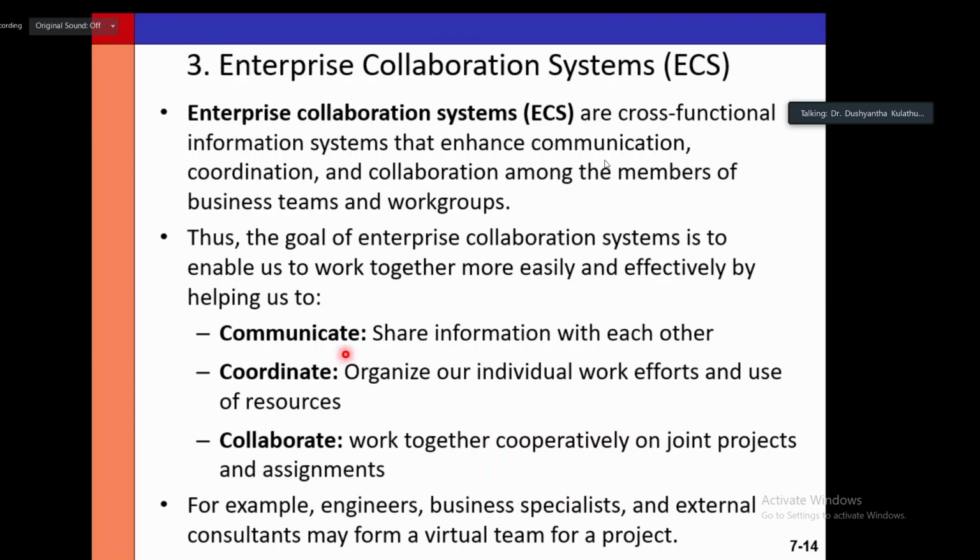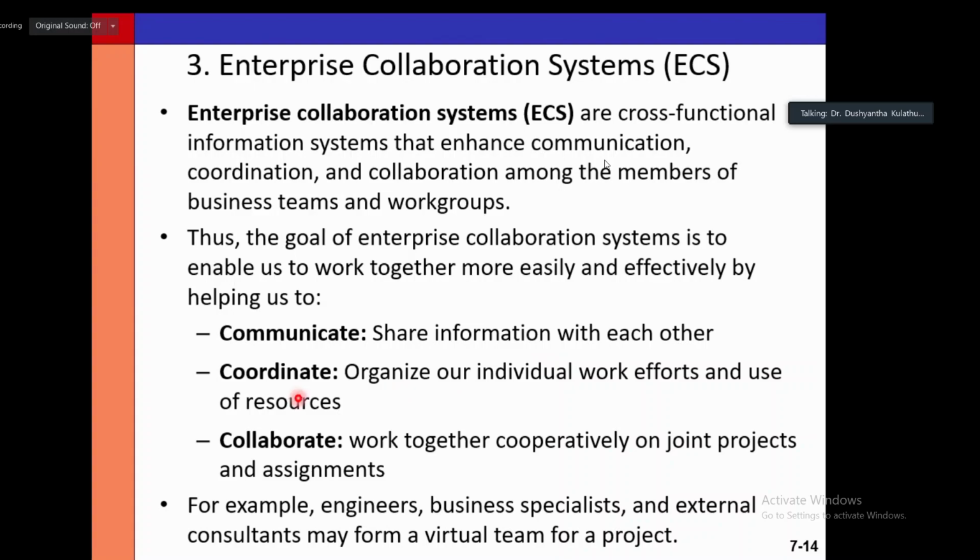Then coordinating is organizing our individual work efforts and use of resources. So you may have to divide resources between them, and you may have to develop certain plans and assign activities to individuals when you work as a group.